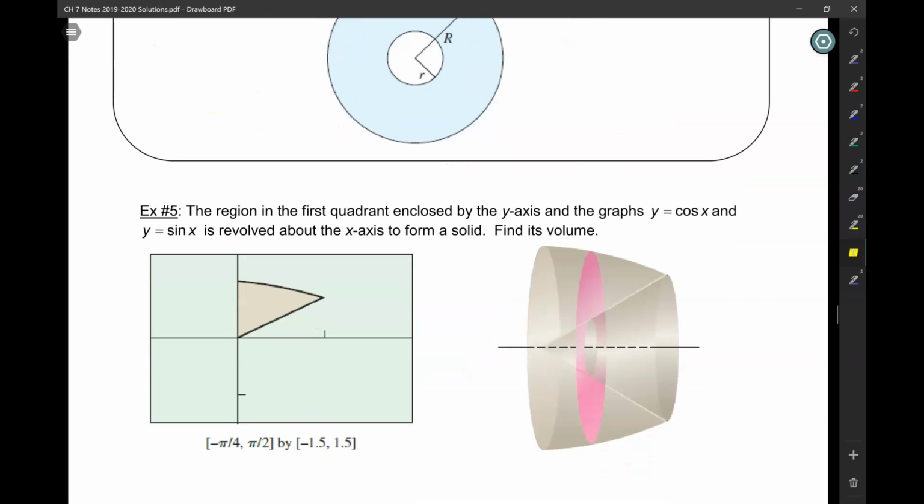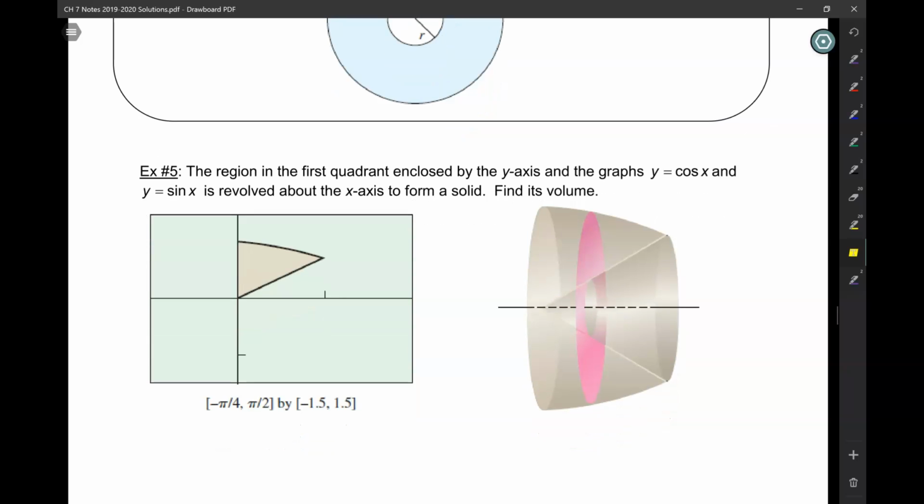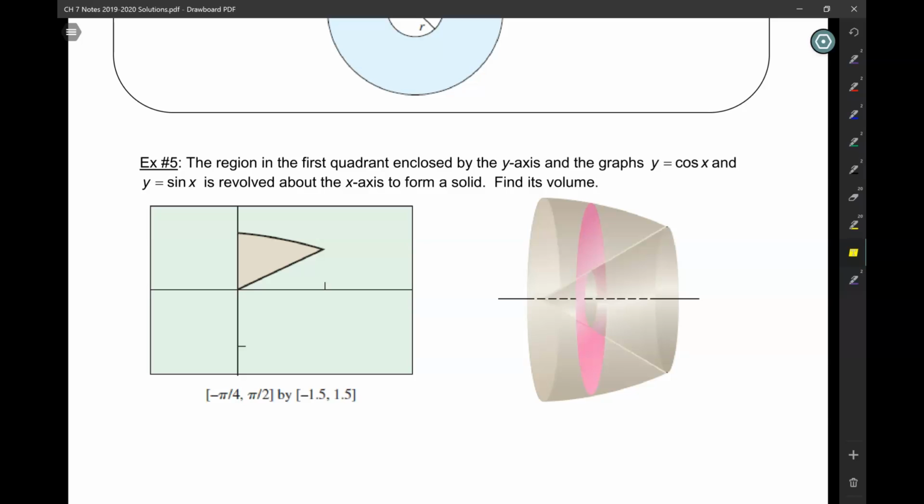Okay, look at this one. The region in the first quadrant enclosed by the y-axis and the graphs of cosine x and sine x is revolved around the x-axis to form a solid. There are two curves here, upper and lower. Which is the cosine, which is the sine? Cosine is top.